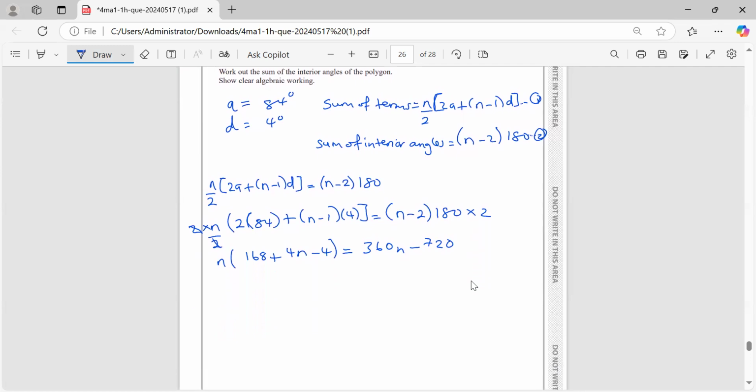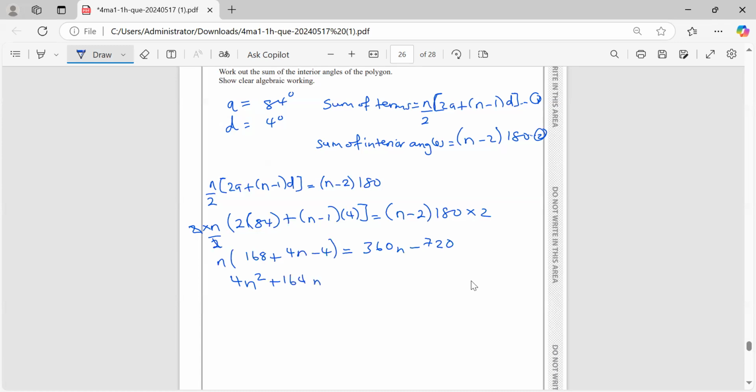So you now try to combine this whole equation, right? The first thing that I have here is 168 minus 4, that's 164. And then this n times 4, so I now have 4n squared plus 164n.